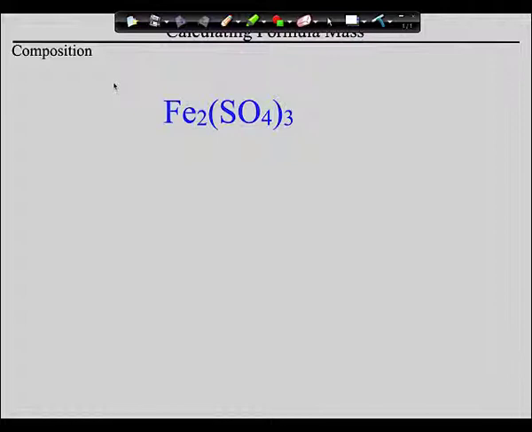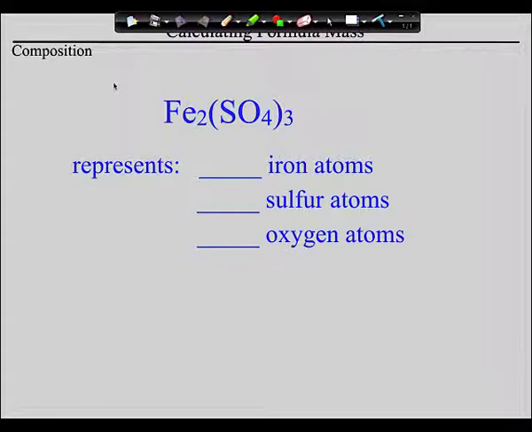So guys, I think you've probably figured this out by now. This is composed of iron atoms, sulfur atoms, and oxygen atoms. The question is how many of each? So let's pick it apart. Guys, iron is Fe because the Latin for iron is ferrum.